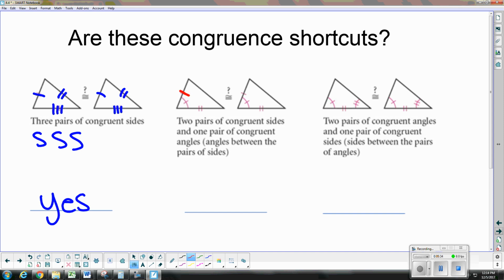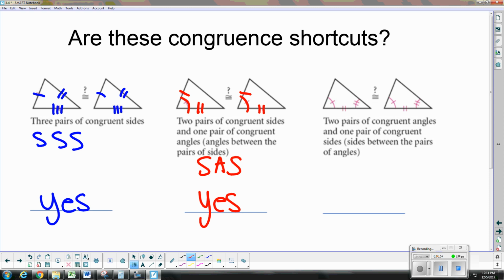So here's 1 pair of congruent sides and another pair of congruent sides and the angle between those 2 sides. So that's our included angle. That's side, angle, side. And yes, that is always going to be true. Those 2 triangles will be congruent.